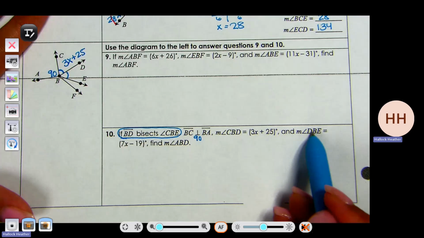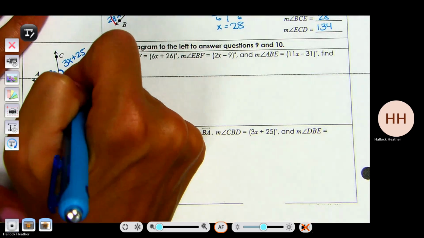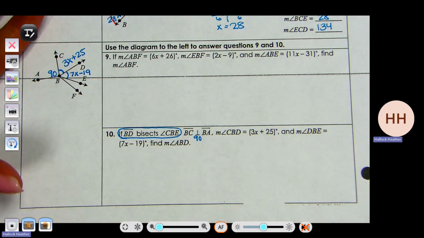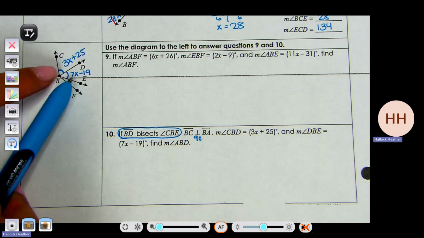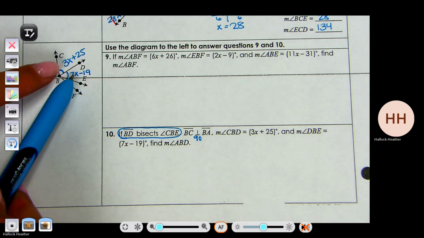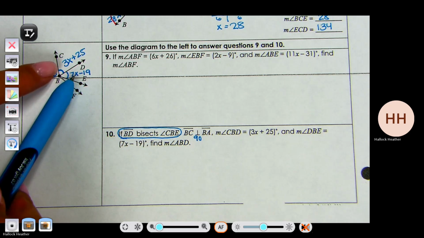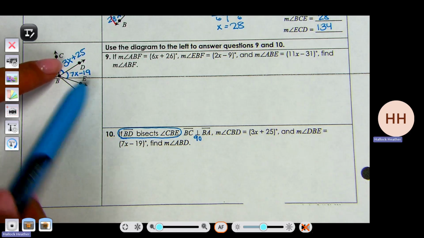The measure of DBE is 7x minus 19. What should I do with these two things if I have these two little arc marks? Because it's bisecting it. Somebody's got it every class. I'm not giving up on you guys. Bisecting.